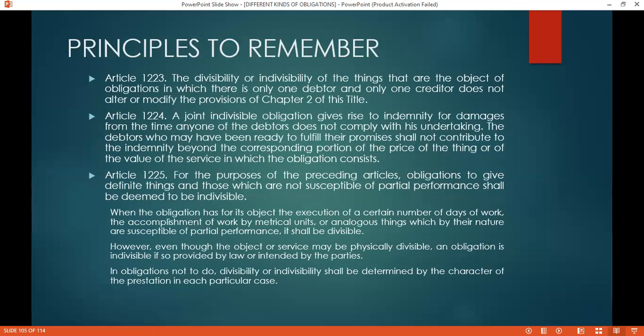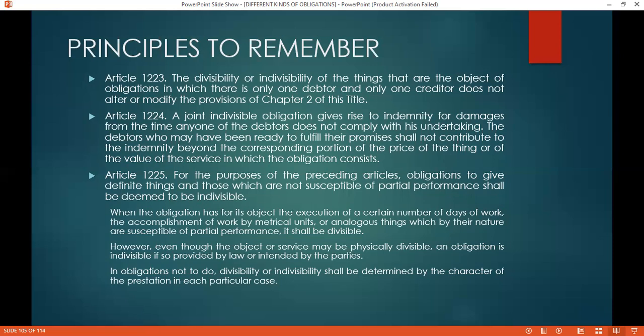Now, what are the principles that you should remember for this particular kind of obligation? So we have in Article 1223, the divisibility or indivisibility of the things that are object of the obligations in which there is only one debtor and only one creditor does not alter or modify the provisions of Chapter 2 of this title.